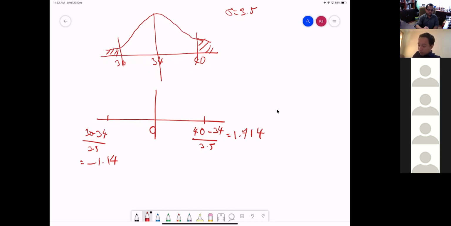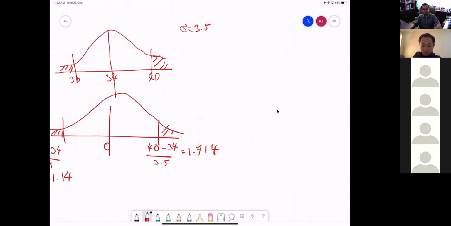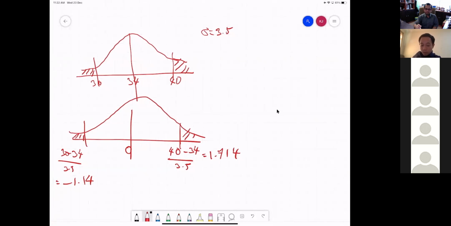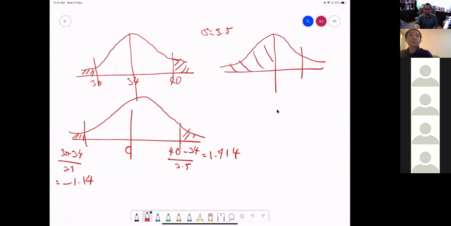Then what's next? We do one by one. We want to know the area of this. This is 1.7114. So we use the table.